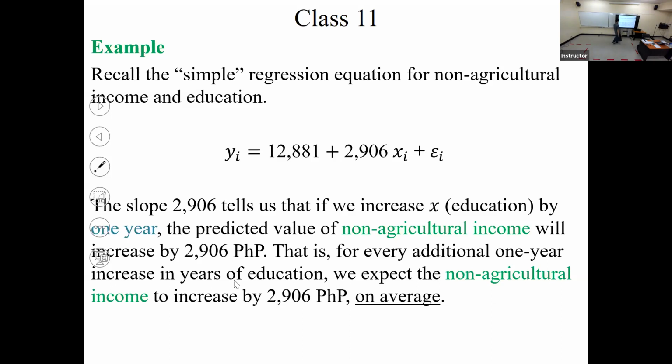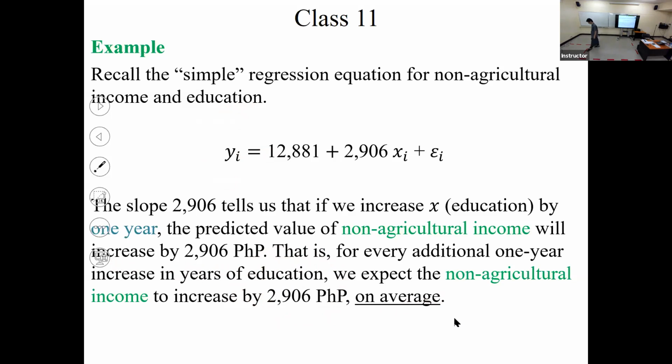Another way to put it: for every additional 1 year increase in years of education, we expect the non-agricultural income to increase by 2,906 pesos on average.